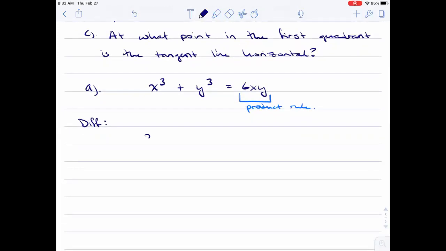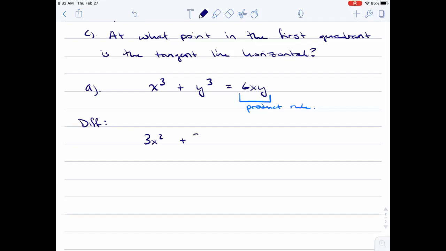So what we get is 3x squared. X to the 3 is just 3x squared. And then for the y to the power of 3, remember to think of y as f of x. So then you have f of x to the power of 3, which means you have to do the chain rule.